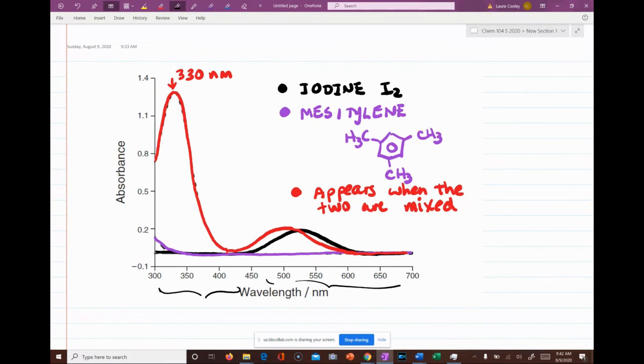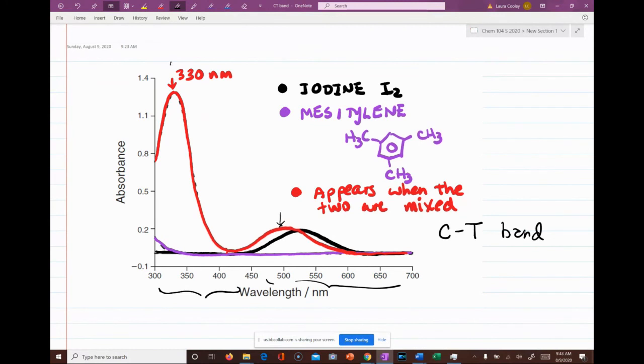But when these two are put together, a new band appears, and that is this red band here, and we call this the charge transfer band. And you could see that it's got visible absorbance, this red bunch here, but it's slightly shifted from the iodine, so the solutions will actually have a different color than the pure iodine, which is sort of more purple and becomes more pink as we make the charge transfer complex.